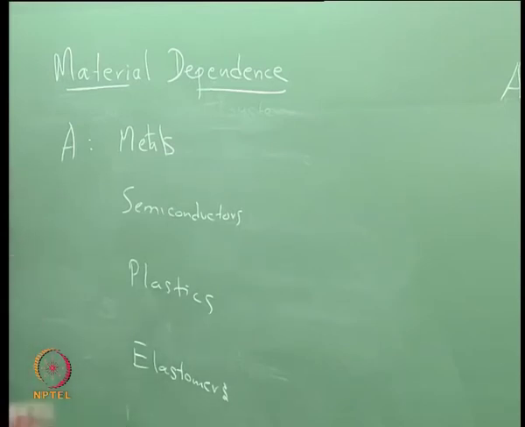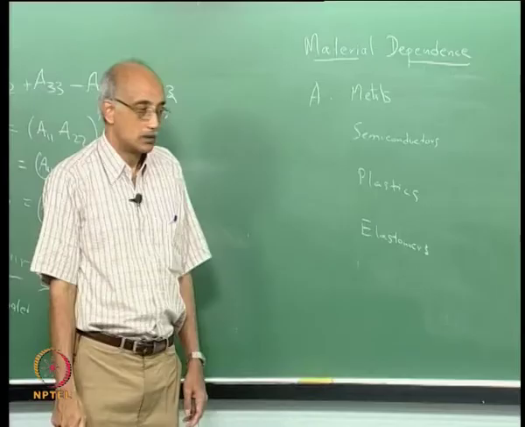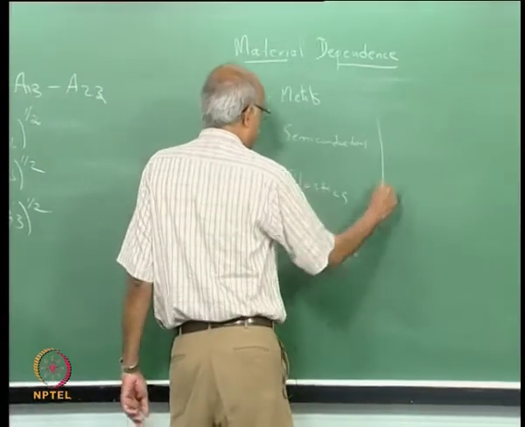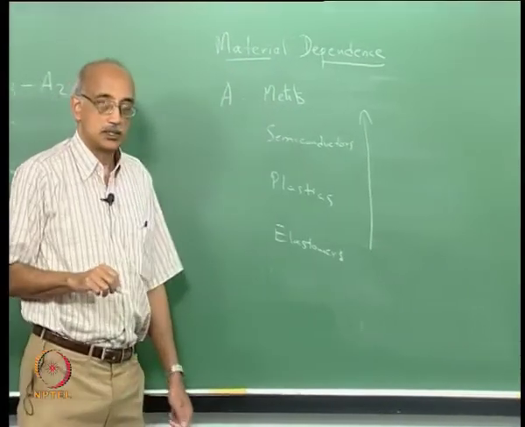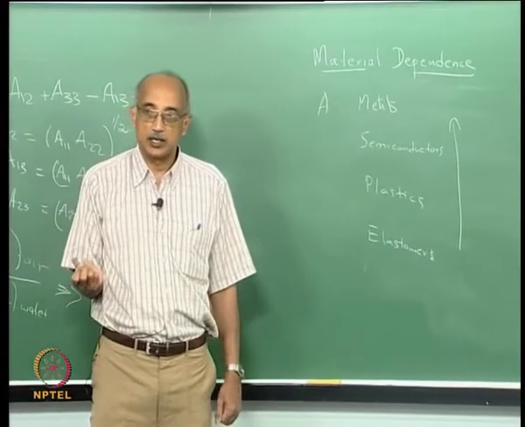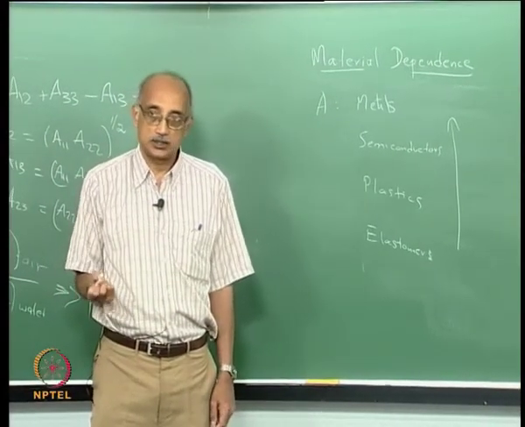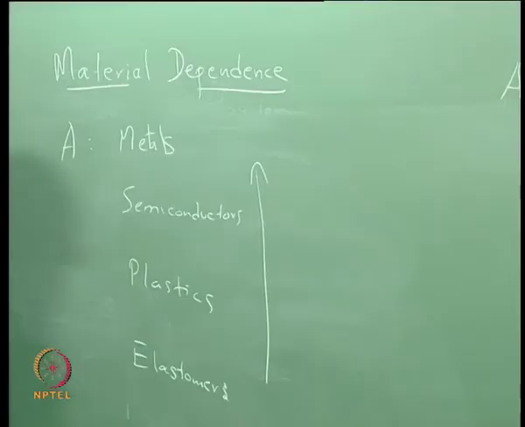Which will have the highest and which will have the lowest? The magnitude of the Hamaker constant goes this way. Metals have the highest Hamaker constants, semiconductors have less of a Hamaker constant, plastics even less, and rubbers even less.